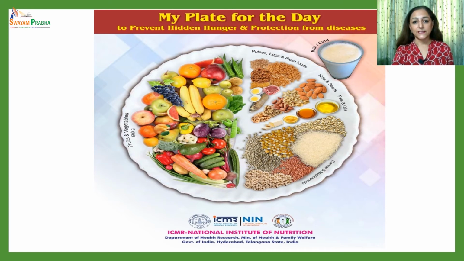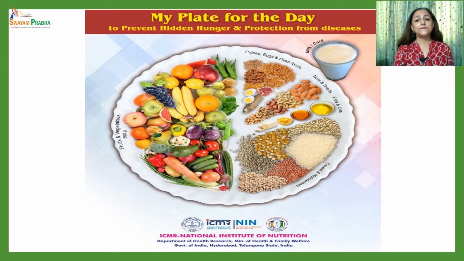the sole source of vitamin B12 in a vegetarian diet. This balanced diet should provide 50 to 60% of calories from carbohydrates, preferably complex carbohydrates, about 20 to 30% from fats and oils, and a minimum of 10 to 15% from proteins.